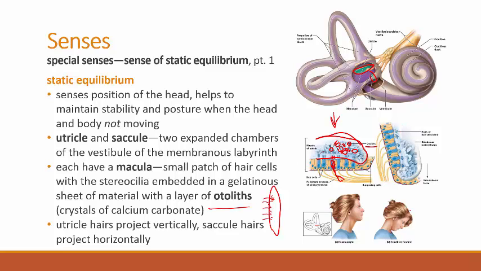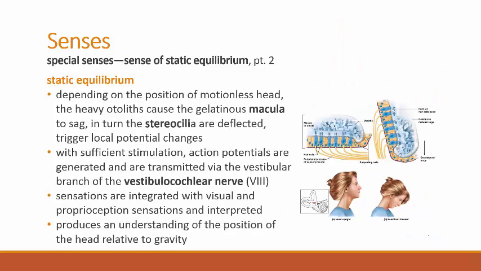But when our nice lady here tilts her head forward, we see the macula begin to sag. So the weight of the otoliths drags the macula downward, and this causes deflection in the hair cells. So notice that the hair cells have bent now.